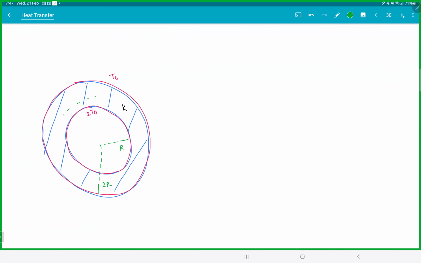At a distance x take a thin layer, taking a thin onion shell kind of thing. Distance x, thickness dx.